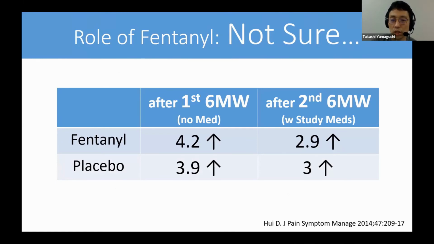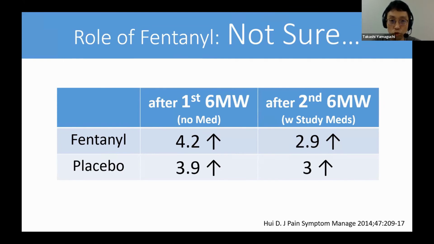Another study was about subcutaneous fentanyl. This study was not intended to evaluate intergroup difference, but I show you in this slide dyspnea intensity in both groups. The first 6-minute walk test is on no medication, so it's not meaningful. But the second walk is after giving the study medication.